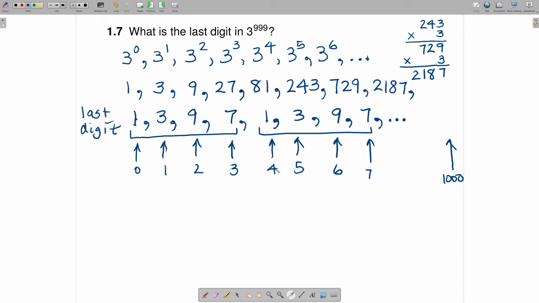In other words, if the exponent is a multiple of 4, like 1000 is, you're going to have a 1 as your last digit, which means if you come back to the 999th power, all you do is pick up the pattern and say, well, if the 1000th power is a 1, then the one prior to it must be a 7. So the answer to the question, what is the last digit or the ones digit in 3 to the 999th power, that ones digit is a 7.